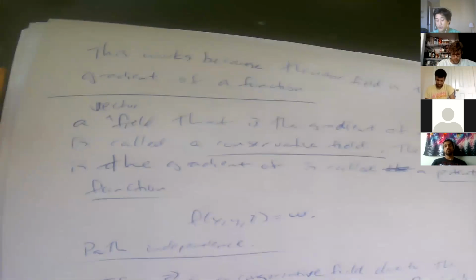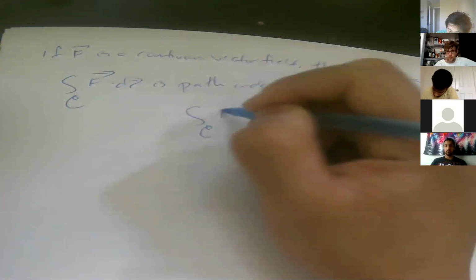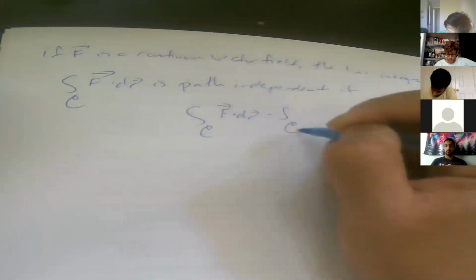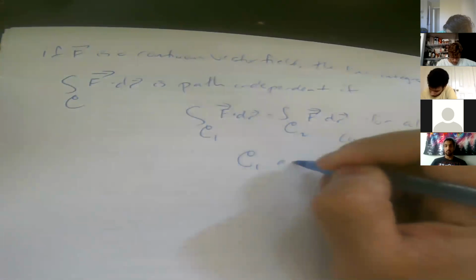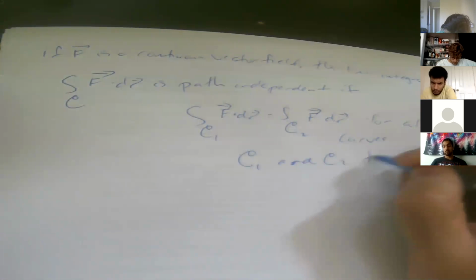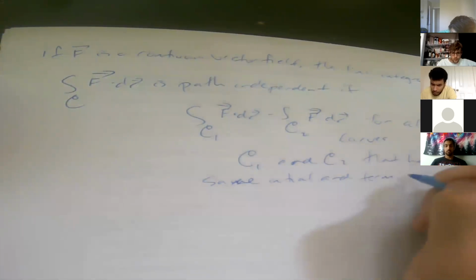So I'm going to write down a formal definition of what we just talked about here. It says, if F is a continuous vector field, the line integral is path independent if the integral for all curves C1 and C2 that have the same initial and terminal points.